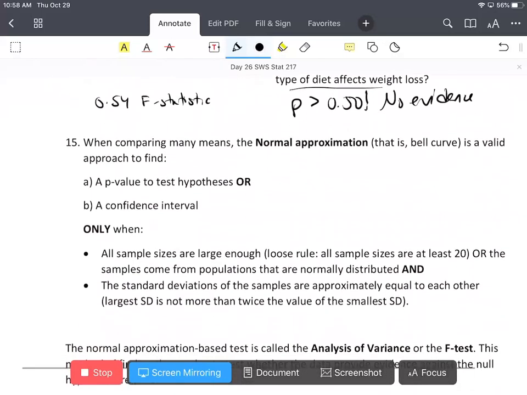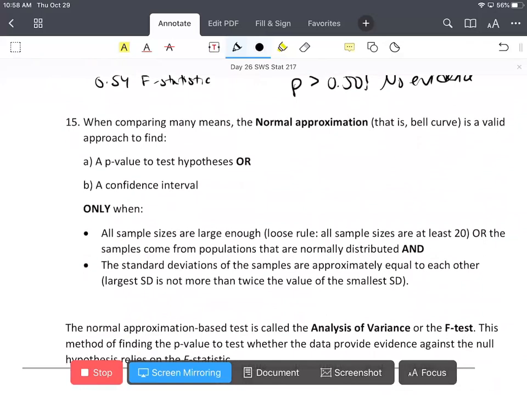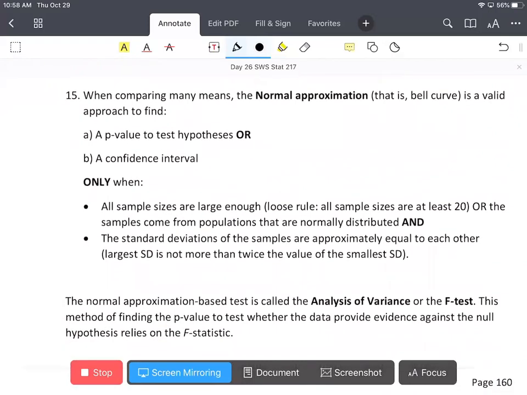Yes. When comparing many means, the normal approximation, that is the bell curve, is a valid approach to find a p-value to test a hypothesis or a confidence interval only when the sample sizes are large enough. A loose rule is the samples are at least 20. If it's skewed, you want to obviously be bigger. Or the samples come from populations that are normally distributed. Now this is a big and here.